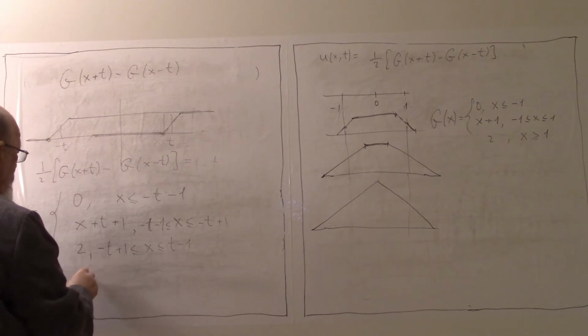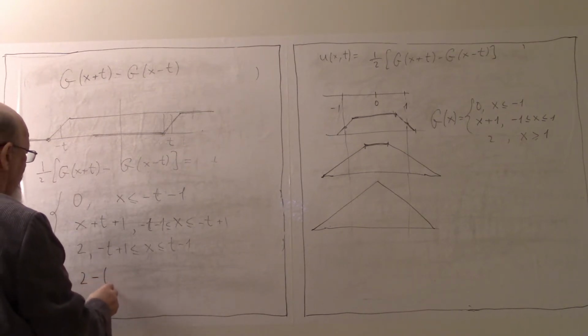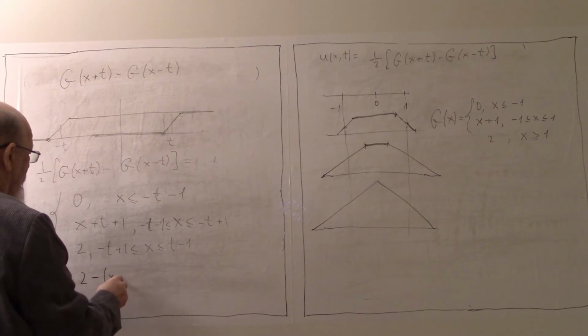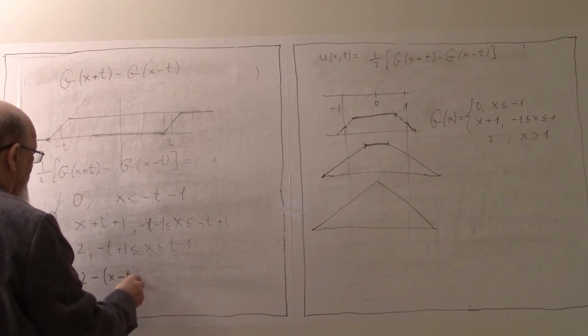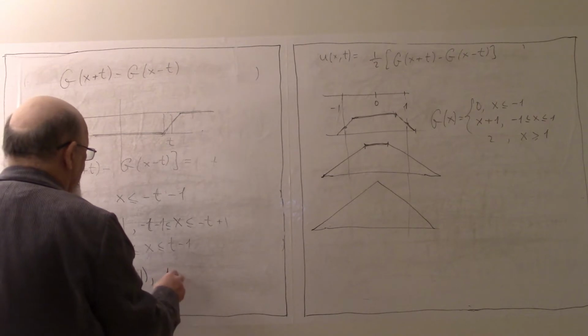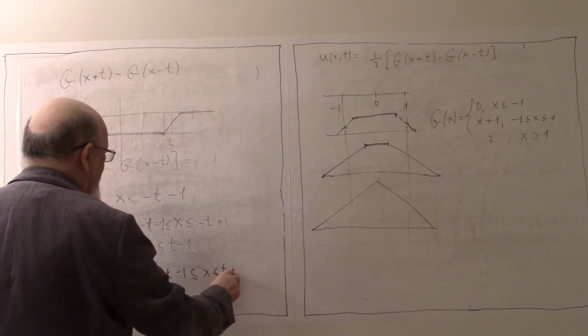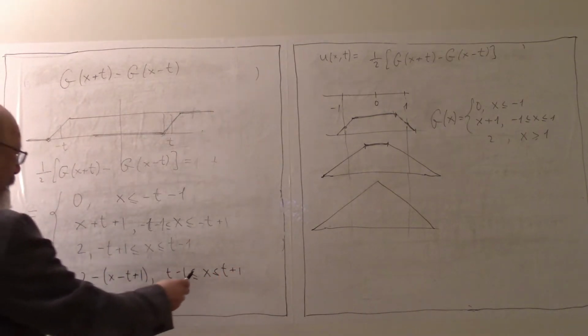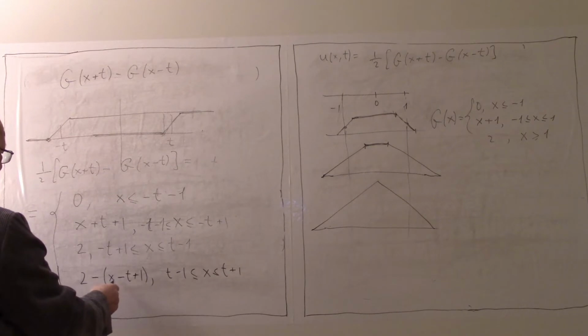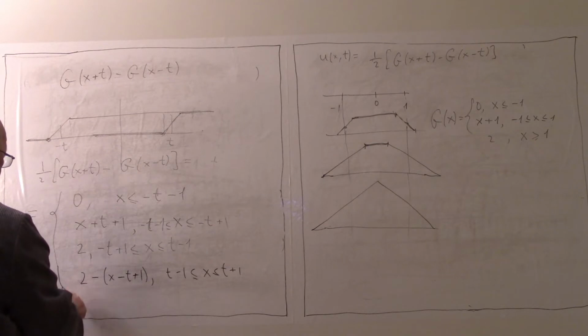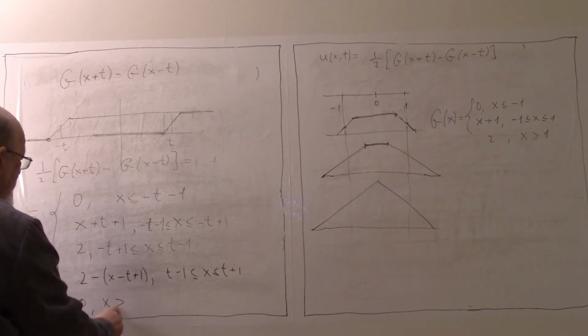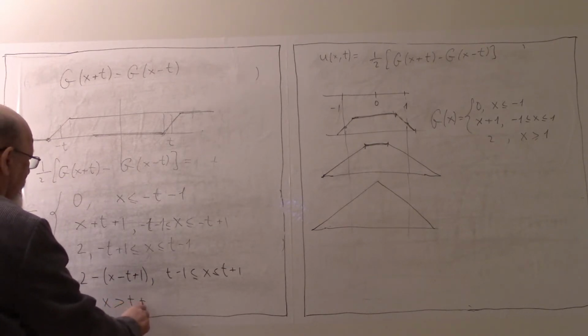It is 2 minus x minus t plus 1 when t minus 1 is less than x, up to t plus 1. And for x equal to t plus 1 it is 0, and 0 when x is more than t plus 1.